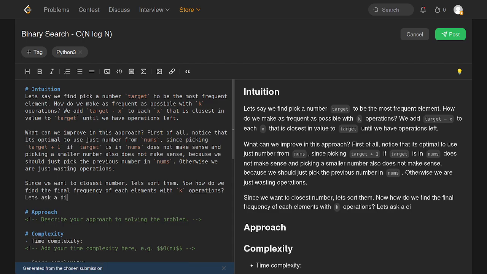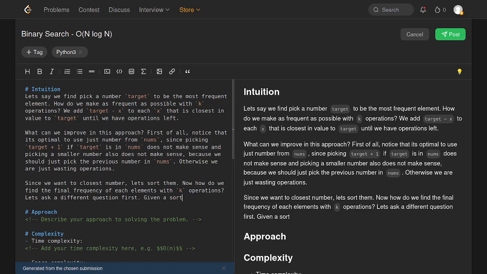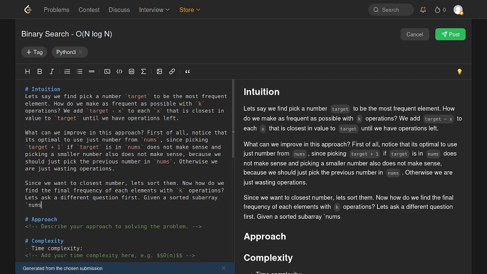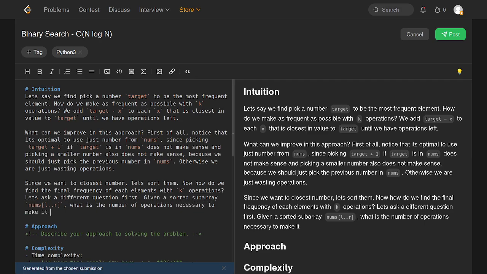Let's ask a different question first. Given a sorted subarray nums[L..R], what number of operations is necessary to make it have the same value as nums[R]?